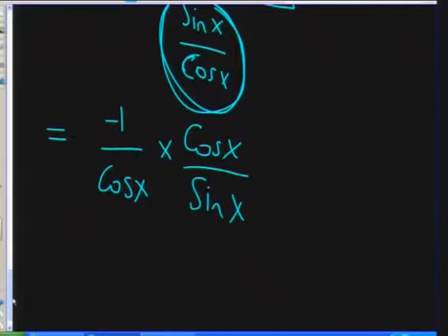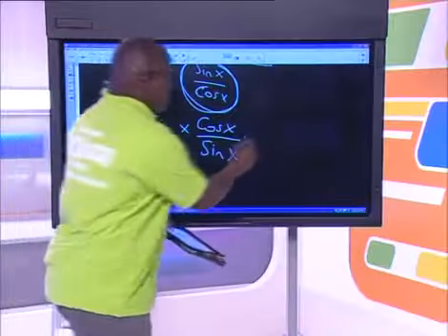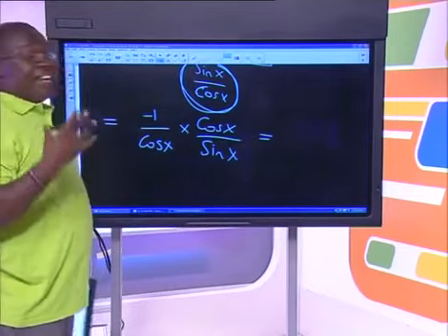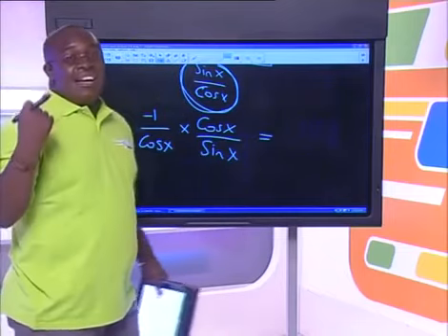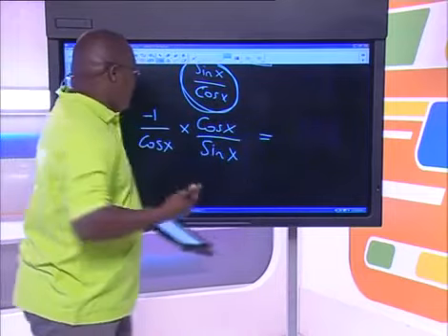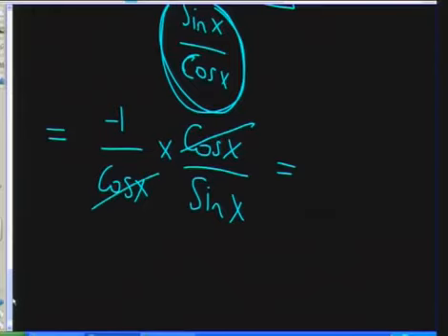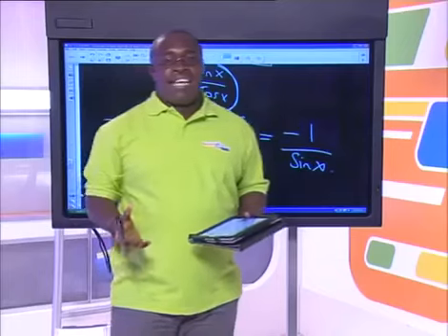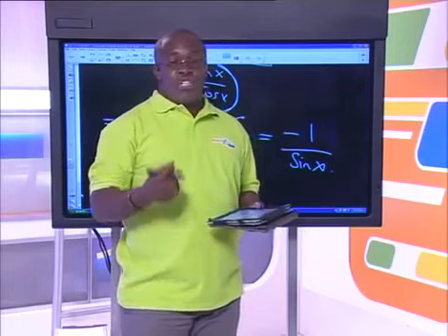Now, I think we've actually reached our answer. We just have to finish off with the factorization, with the crossing out of equal terms. So in this case, cos x and cos x cancel out, and our answer will be negative 1 over sine x. So that's our final answer, and I hope that you've been following.